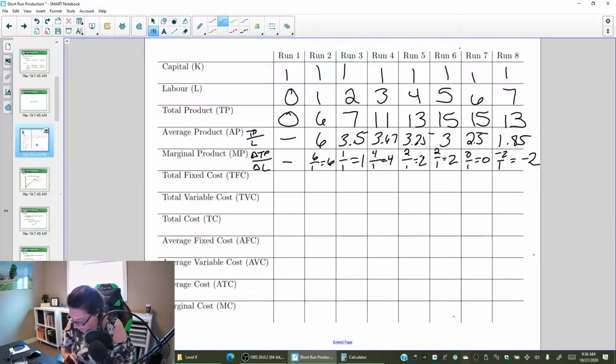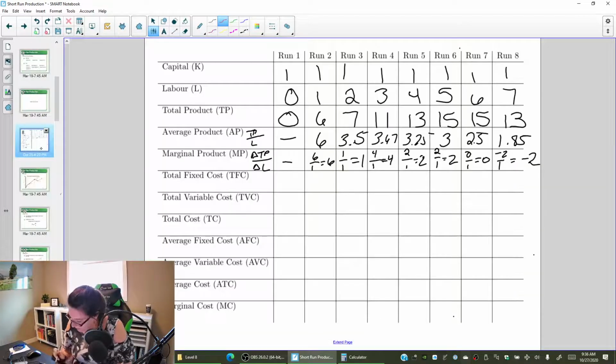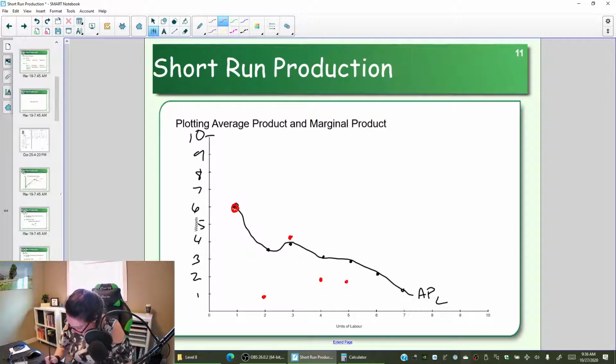And then we have 2, 2. And then we have 0 and negative 2. Okay, so let's draw that marginal product.